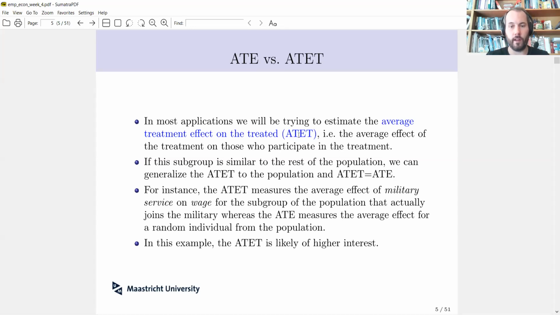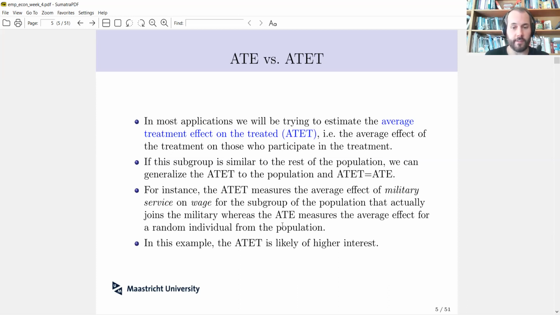This is, of course, a smaller subsection of the whole population, and only under certain assumptions, for instance, that the treatment effect is the same also for those people that do not receive the treatment, so we make this constant treatment effect assumption. Under these assumptions, you can say that the average treatment effect on the treated is actually the average treatment effect. Let's say you look at the effect of military service on wages, then the ATET would actually consider the subgroup of the population that actually does military service.